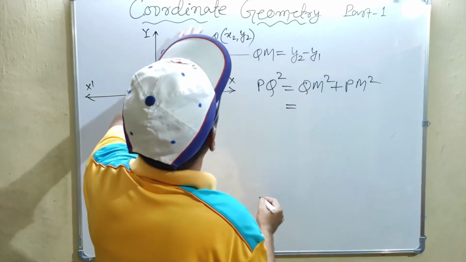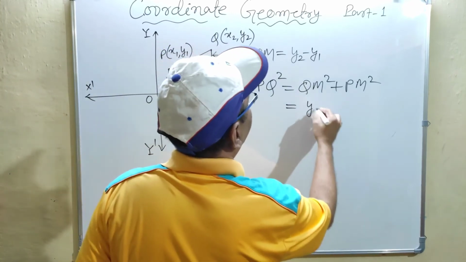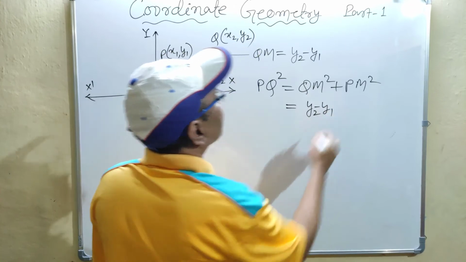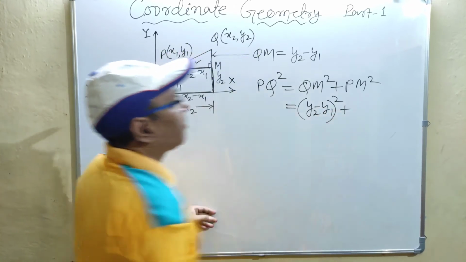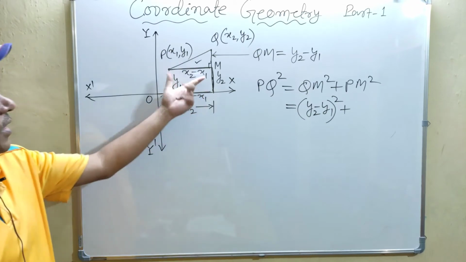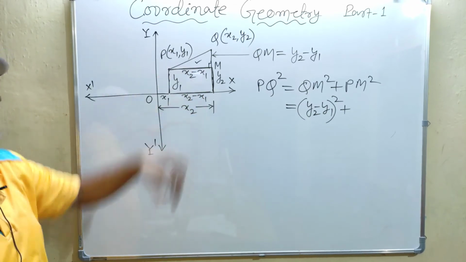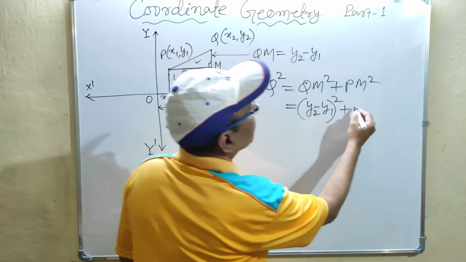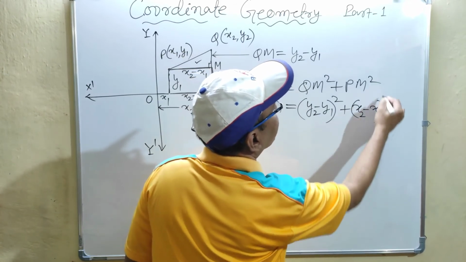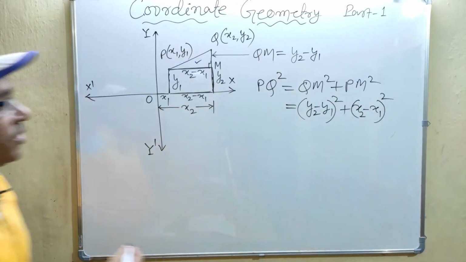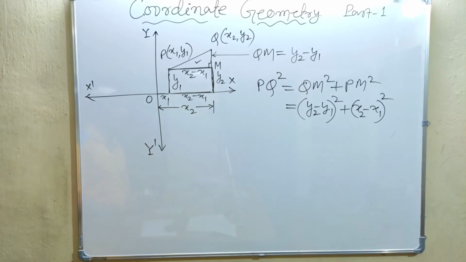QM is y2 minus y1, is it not? Its square. Plus PM. PM is x2 minus x1, its square.